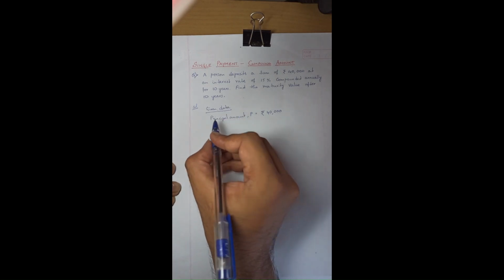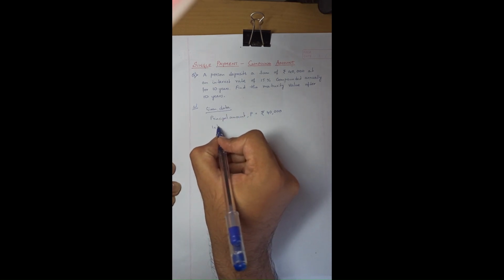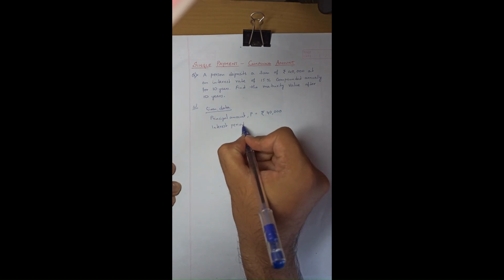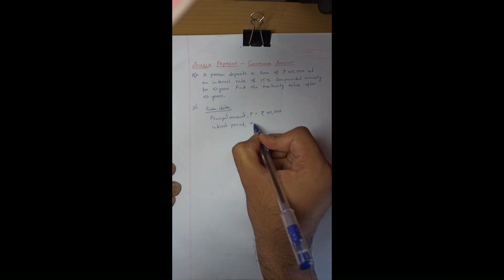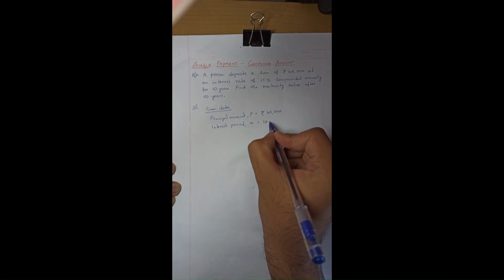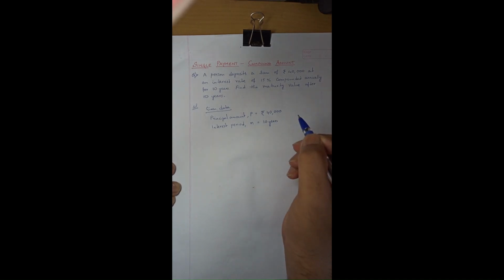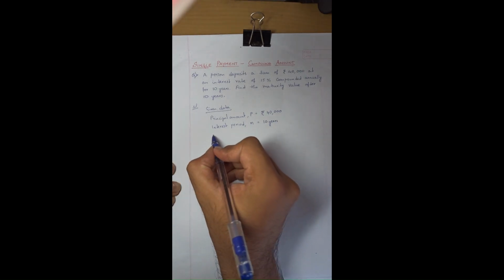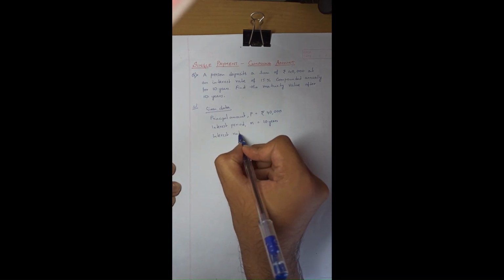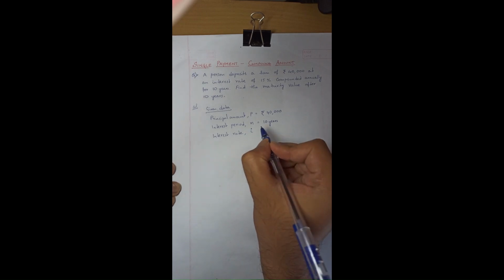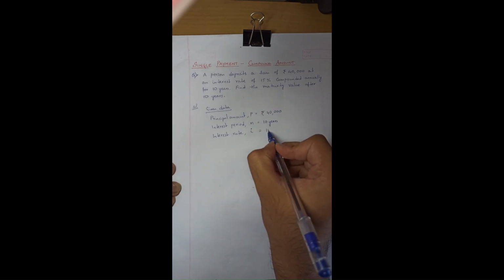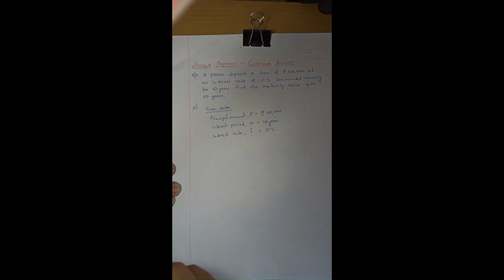Next, the interest period, which is denoted as N, is 10 years. Next, interest rate, which is denoted as I, is equal to 15%.